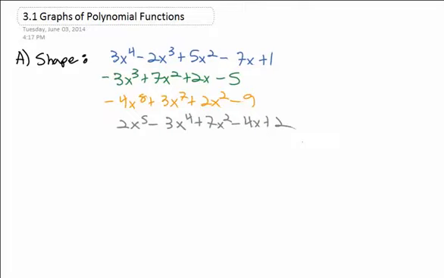something like that. The way we gauge the shape of a polynomial is we are going to have to look at the leading or largest exponent.